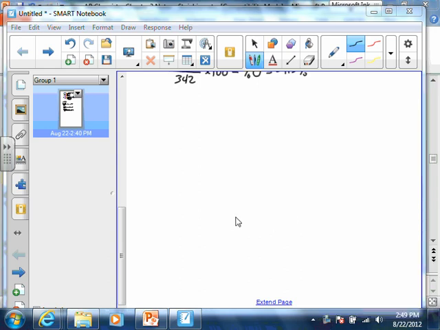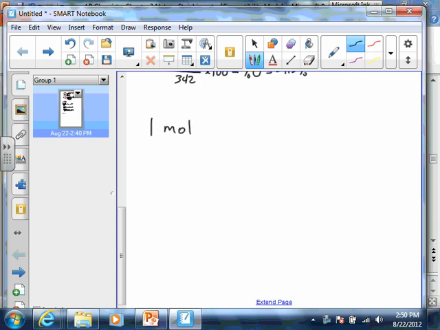Okay, so I had to think about that one for a second. I didn't want to waste your time like I tend to do on these, so I paused it and thought about it. So we've got 12 grams of carbon-12. That is the same thing as 1 mole, because that's the definition of a mole. Carbon-12 has a mass of 12 grams if you have 1 mole of it. So that's 1 mole of carbon.